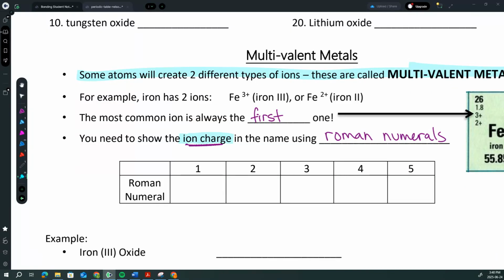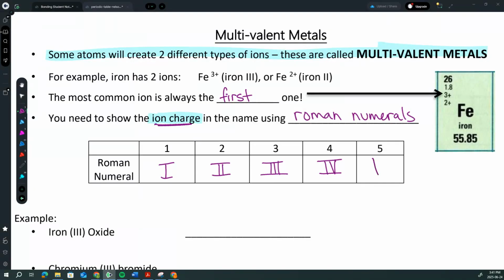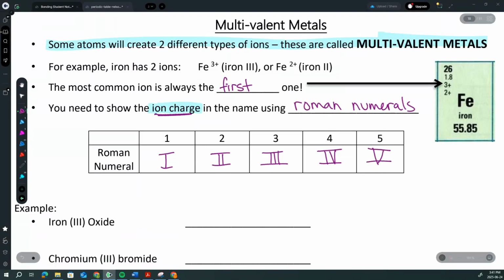They do not indicate how many atoms of that certain metal that you have. So the Roman numerals for 1 through 5: 1 is going to be this, 2 is going to be that, 3 is going to be this, 4 is this, and 5 is that.